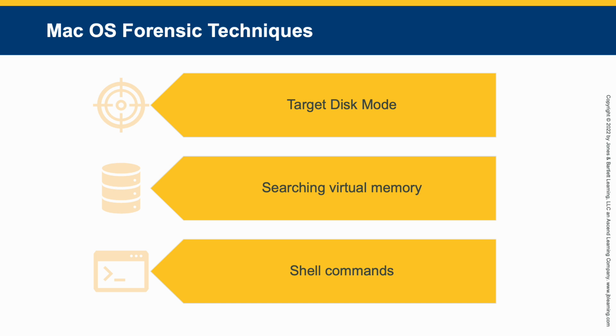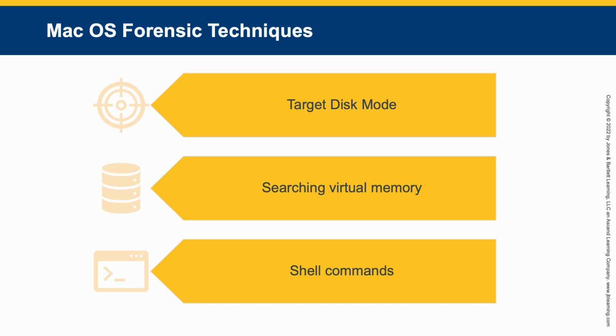So, Mac OS forensic techniques, let's look into this in a little bit more depth. Mac OS forensics techniques are crucial for investigating and analyzing digital evidence on Apple's Mac OS operating system. One of the fundamental techniques is target disk mode, or TDM, a feature that allows a Mac to be used as an external hard drive when connected to another Mac via Thunderbolt, FireWire, or USB.